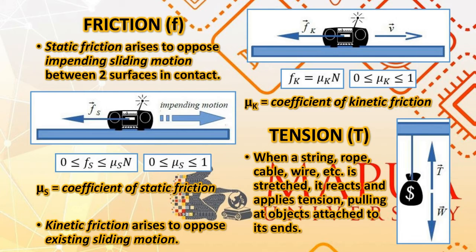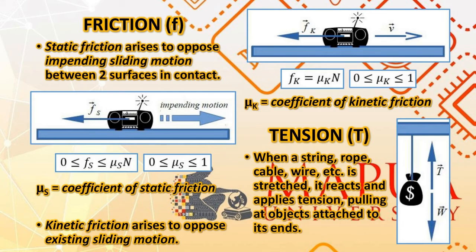Next, we have kinetic friction, F sub K. If static friction opposes impending motion, kinetic friction opposes existing sliding motion. The motion is already happening. The object is sliding along the surface with velocity v.